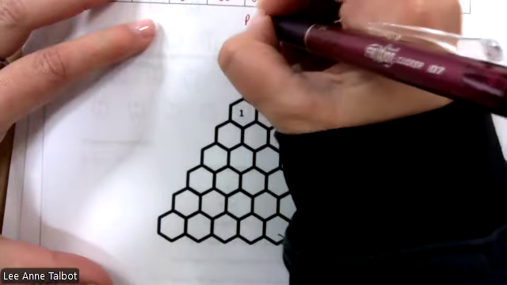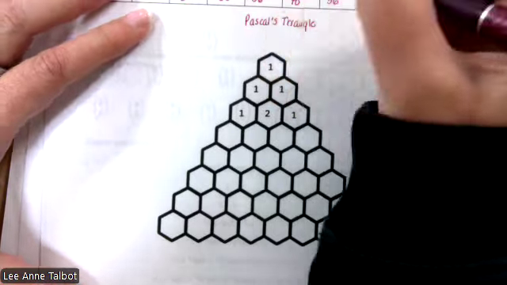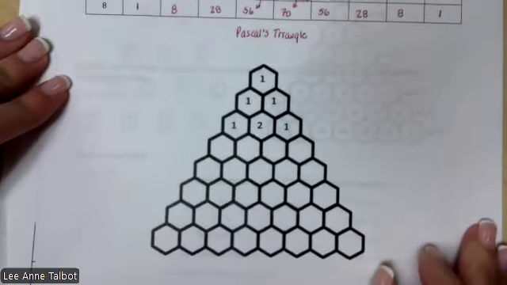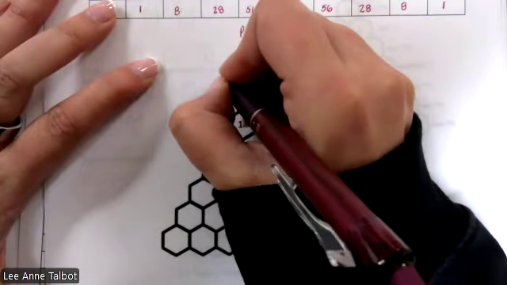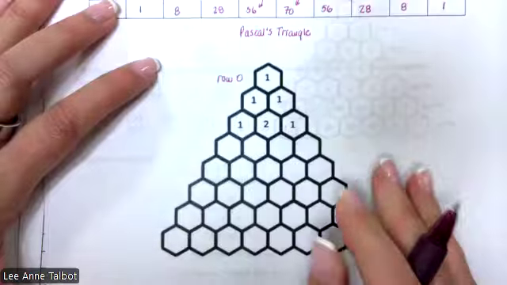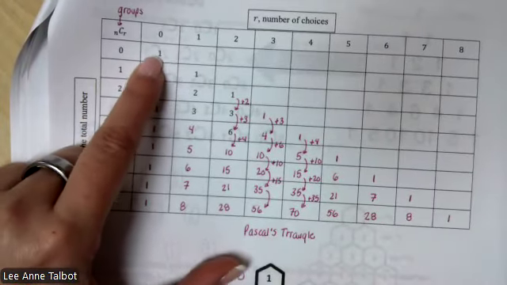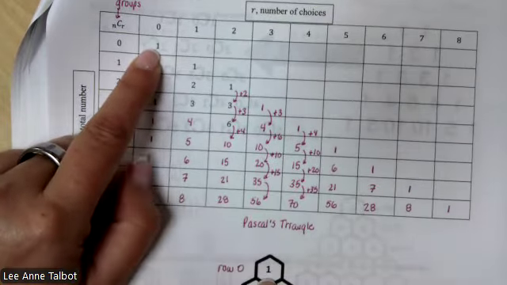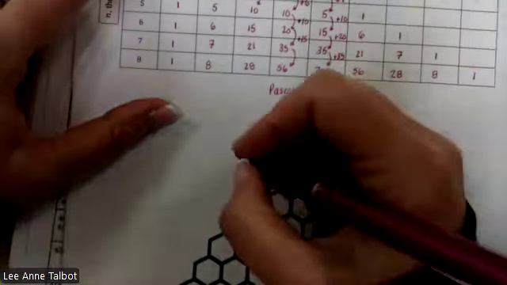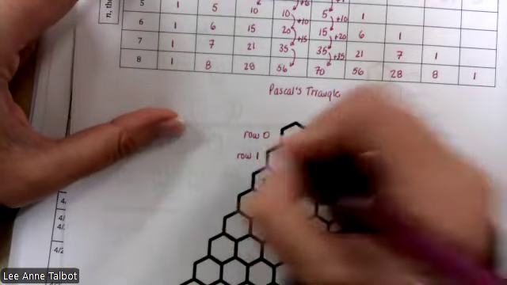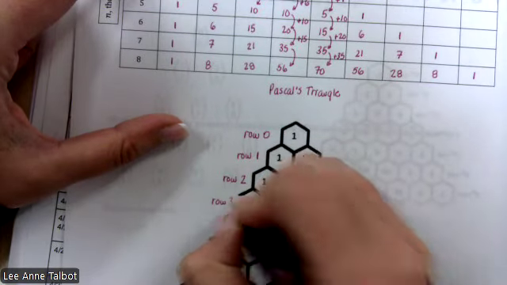This is called Pascal's triangle. And we need to do some labeling. So this is row 0. Row 0 is this one right here, corresponds to this one right here. Okay, this is row 1. Row 2. Row 3.